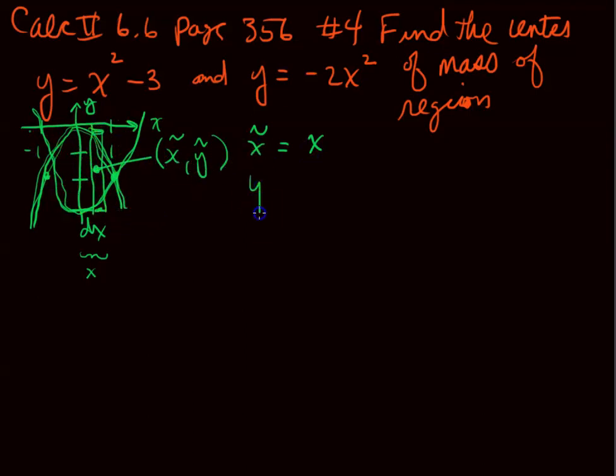The y tilde is the one that's going to be a little crazy, because I'm going to take the midpoint of this line. At x, if you take this negative 2x squared, and if you want the midpoint, then you add the two together, find the average, and it gives you the center.